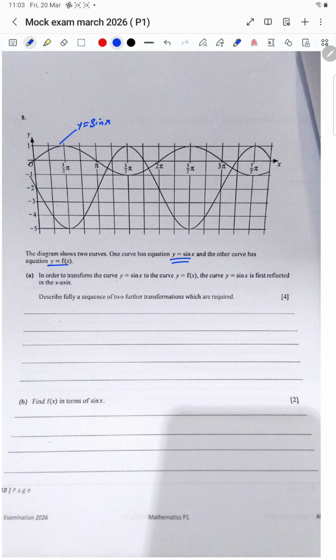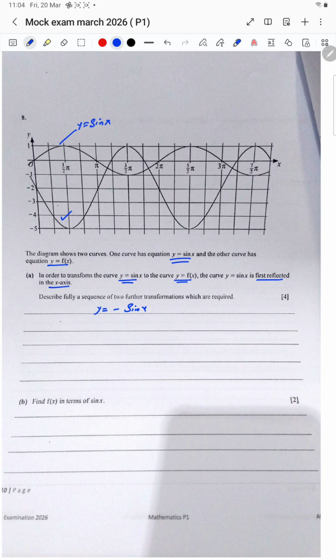In order to transform y equal to sine of x to y equal to f of x, the curve y equal to sine of x is first reflected. Reflected means y becomes minus sine of x, in the x-axis, not in the y-axis.